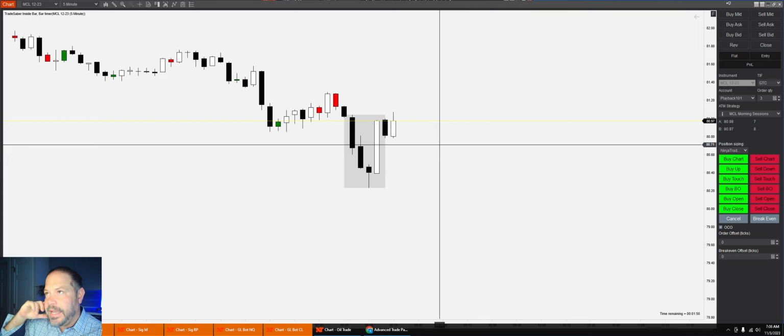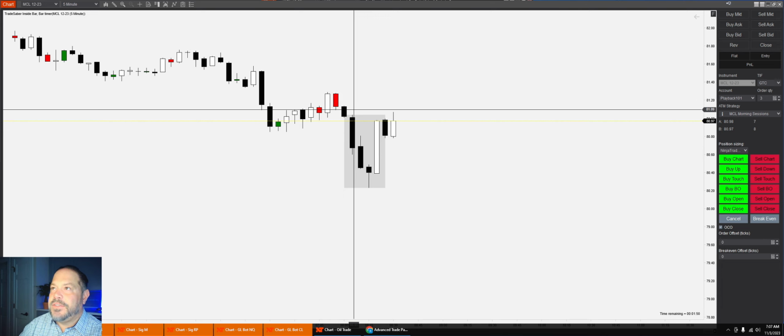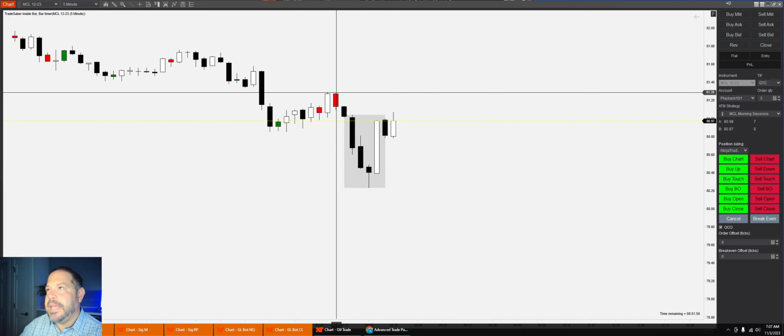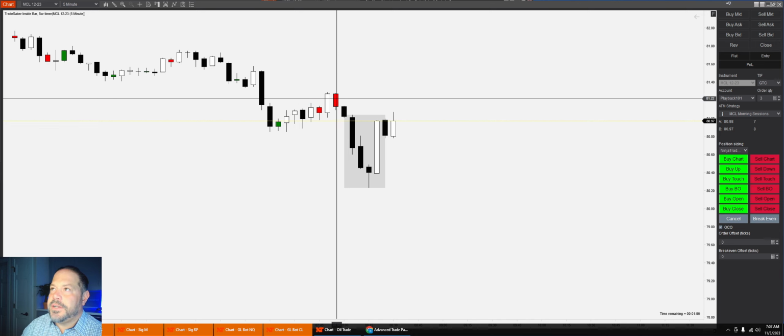Probably the most important indicator is this: if you don't want to be looking for inside bars, because these candles will sometimes hit right to the same high as the previous candle, and people will be looking at the chart thinking, is this an inside bar, is it not? Just put an indicator up there that will color your candle if it's an inside bar.